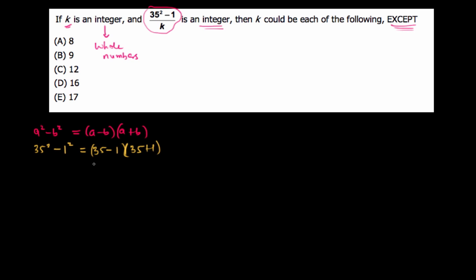So 35 − 1 is 34, and 35 + 1 is 36. To cut a long story short, (35² − 1)/k is the same thing as 34 times 36 divided by k. So this is a simple format.